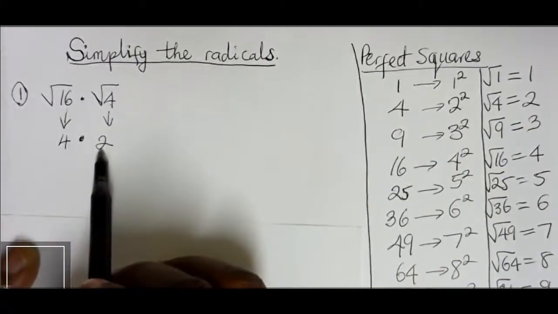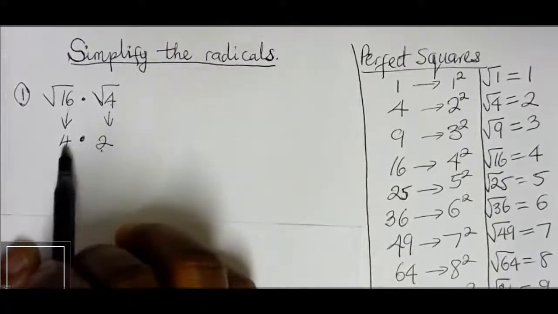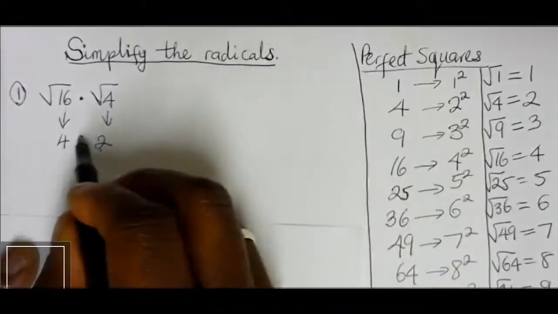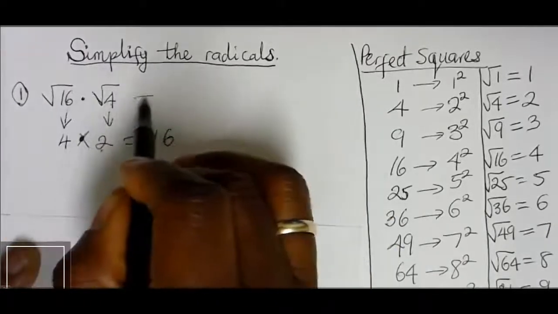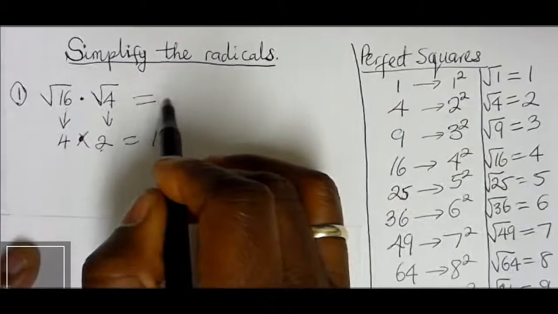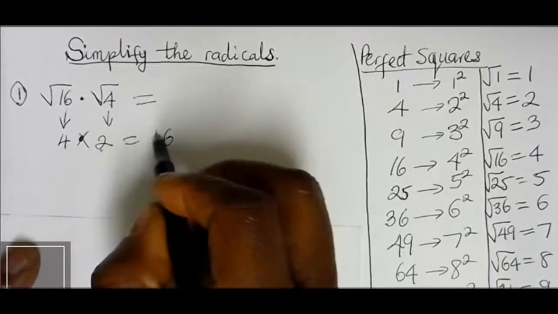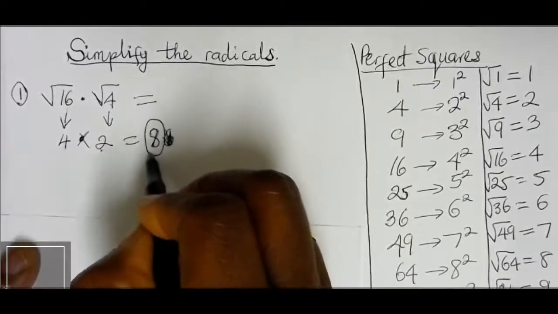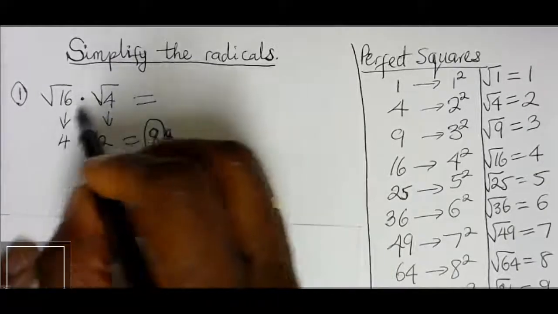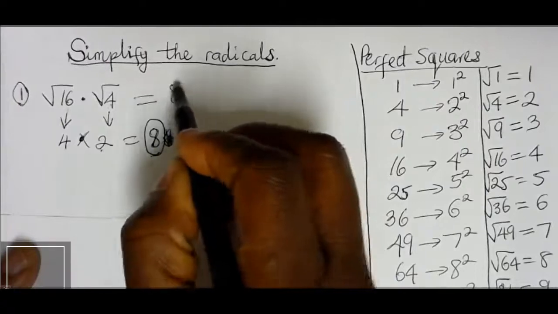Again, we don't put the square root sign anymore. Then 4 times 2 is 8. So we have simplified square root of 16 times square root of 4 is 8.